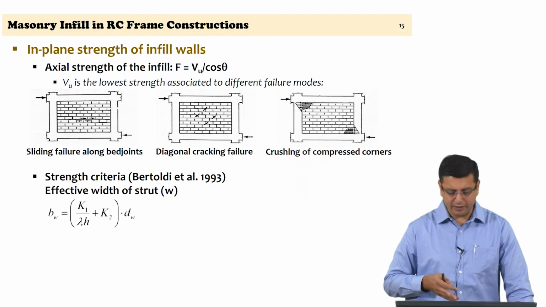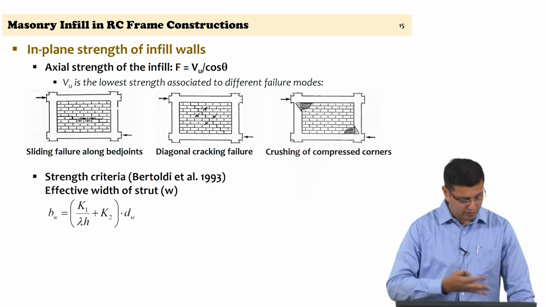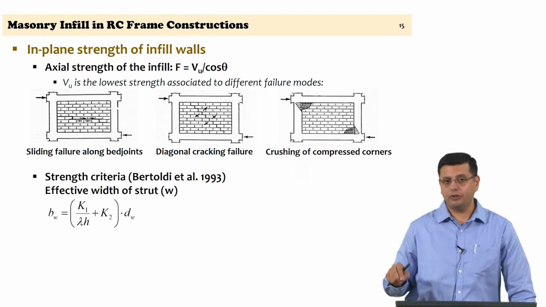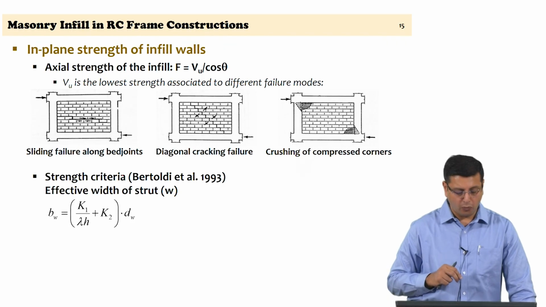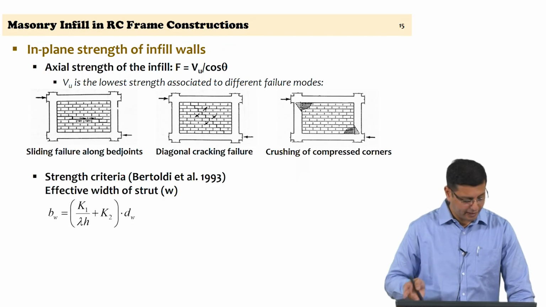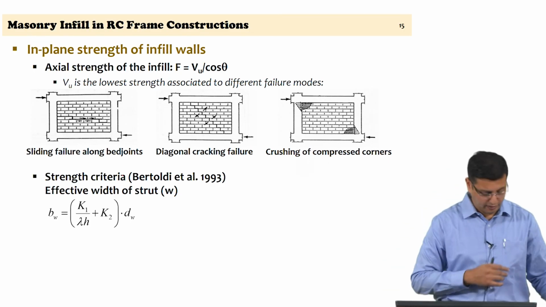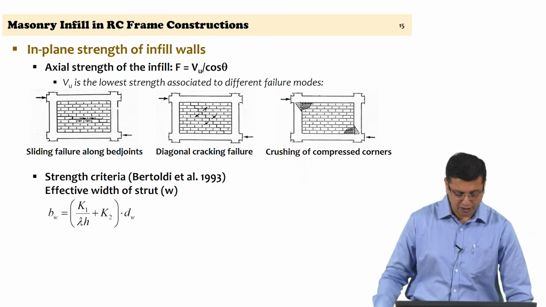As I said, this depends on the aspect ratio of the wall panel, and different mechanisms can form depending on the aspect ratio, which is true even for an unconfined load bearing masonry shear wall itself.